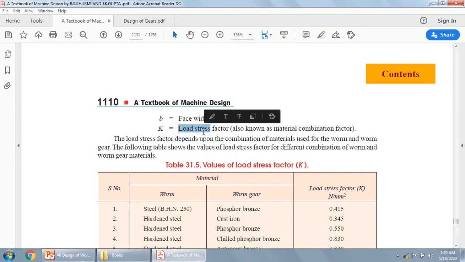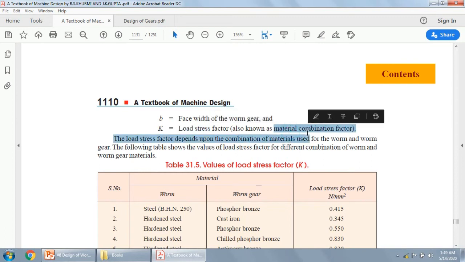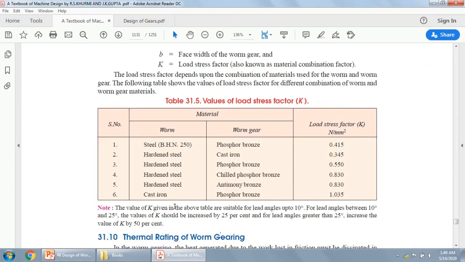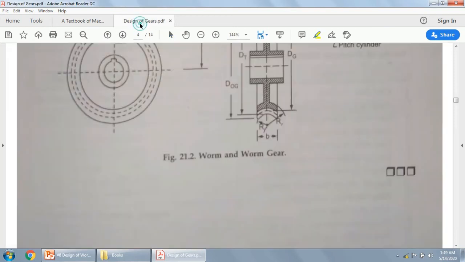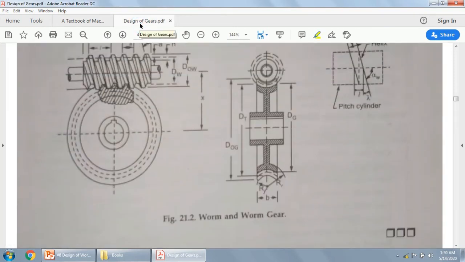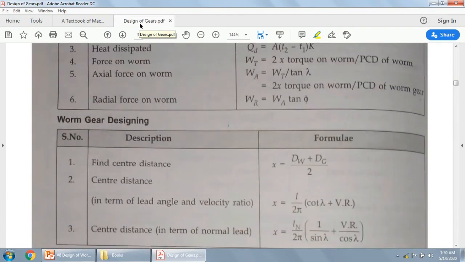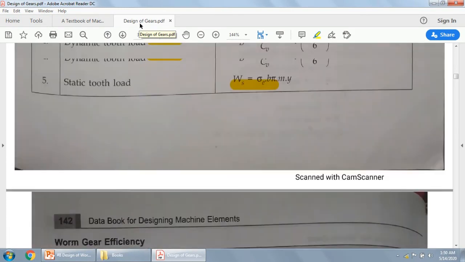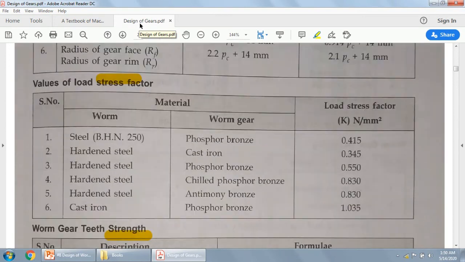So this load stress factor is also known as the material combination factor, which is directly given in this table. This table is also given in your design data book. This is the load stress factor depending upon the type of the material.